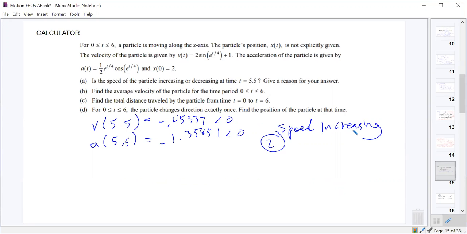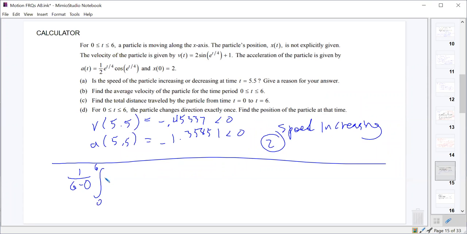Good. All right, exciting. Part B asks us to find the average velocity on 0 to 6. So the average velocity is just the average of this continuous velocity function. So 1 over 6 minus 0 times the integral from 0 to 6 of v of t dt.